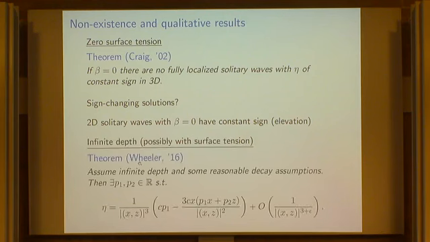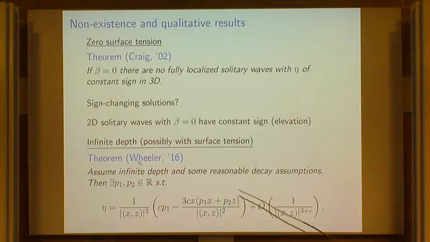Okay, I'd like to mention that there is also another recent result by Miles Wheeler, still unpublished, but you can find it on arXiv. This includes surface tension, but it's for infinite depth, so it could be with or without surface tension.